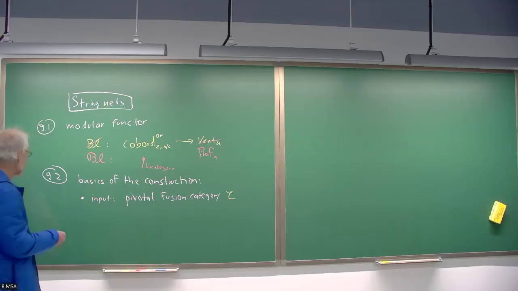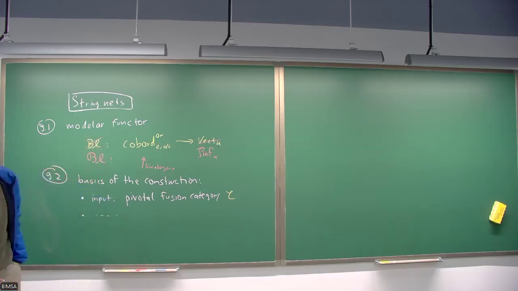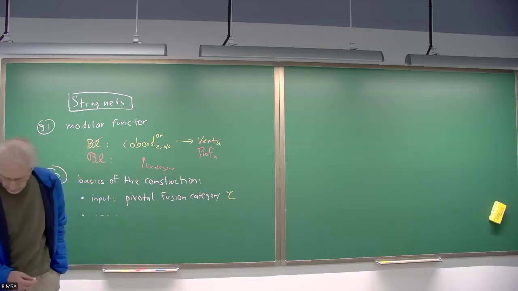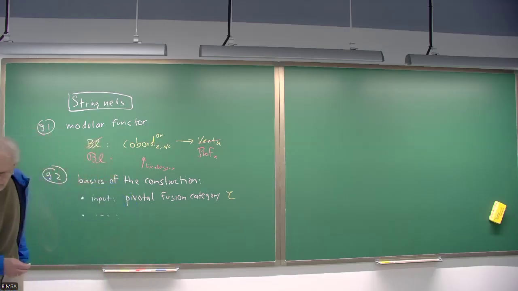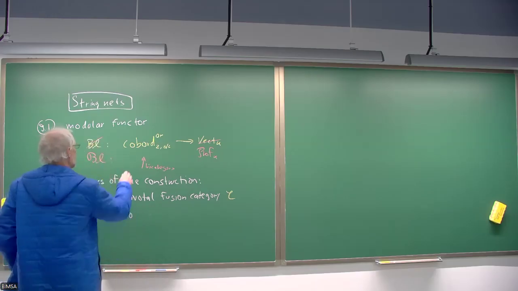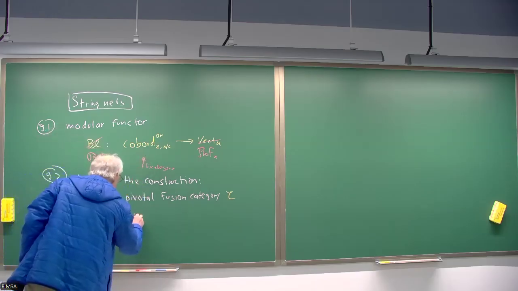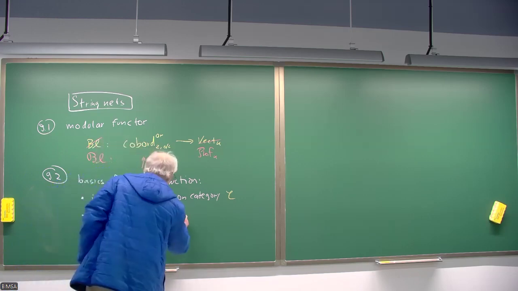Then there is a geometric input, which partly are entities we have already talked about, namely objects of this cobordism category.